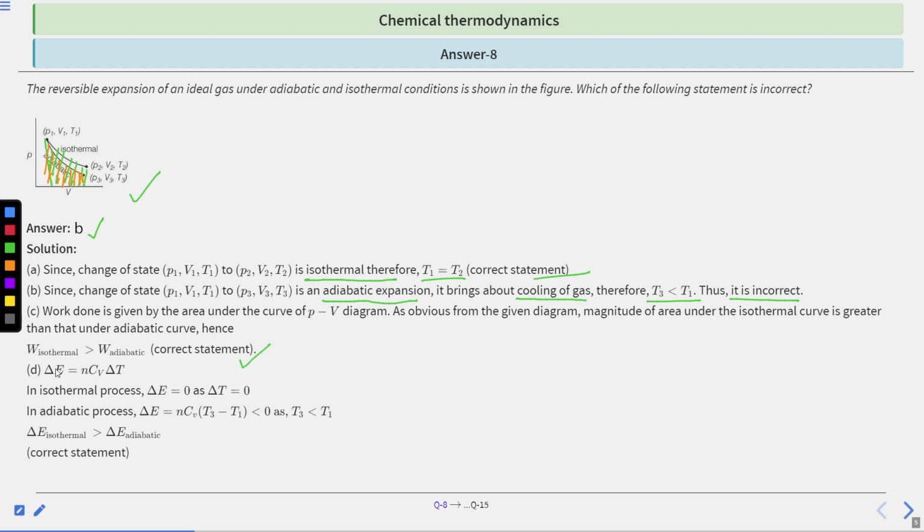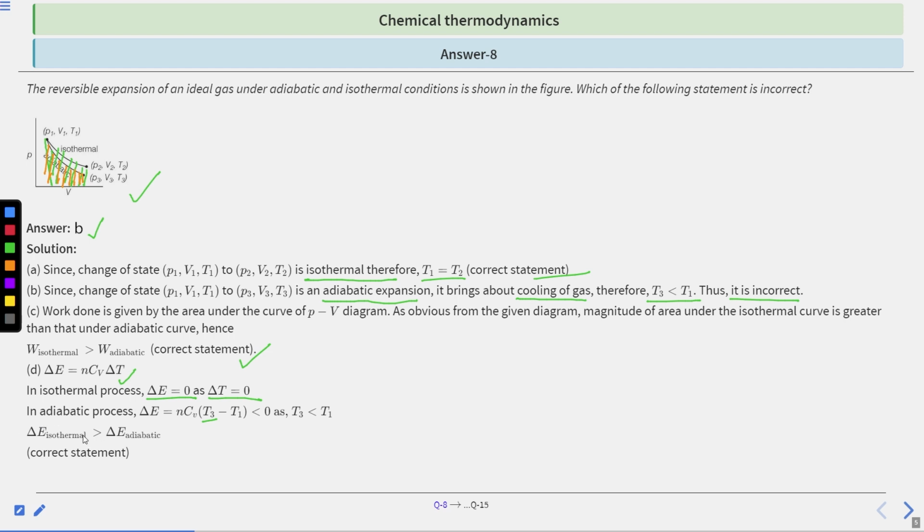In D, we know that del E equals n Cv del T. In the isothermal process, del T is 0, so del E will also be 0. In the adiabatic process, del E equals n Cv (T3 minus T1), and since T3 is less than T1, del E will be negative, that is less than 0.